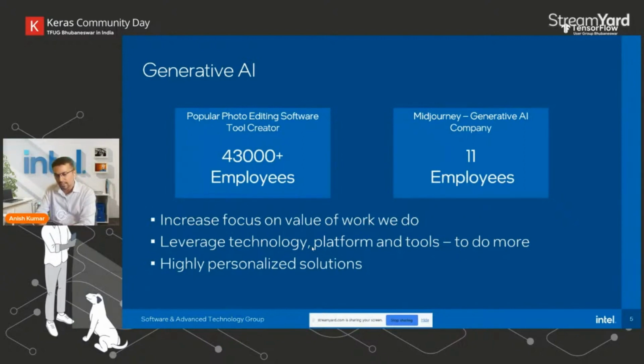One classical example that I can give is a popular photo editing software tool creator. It's a huge company, and they have around 43,000 employees, right? And when you compare that company with Midjourney, a generative AI company which has pretty good AI models that can generate images out of your text prompts, they have only 11 employees.